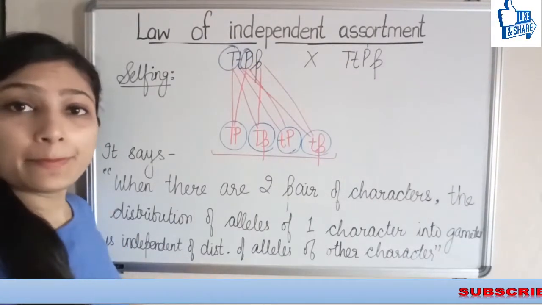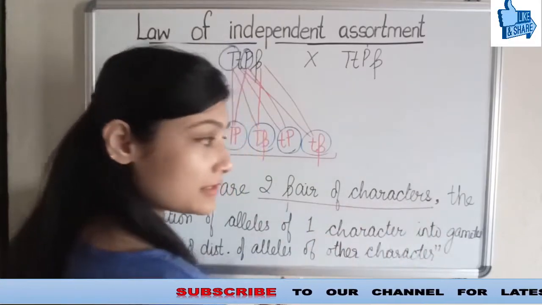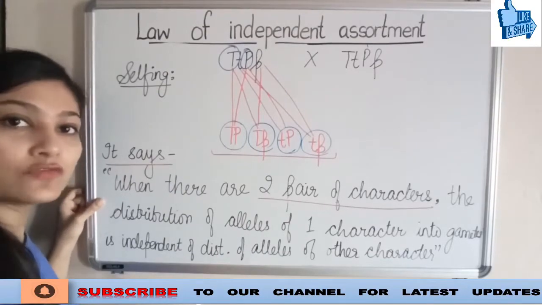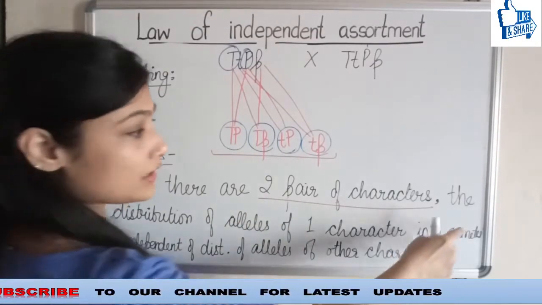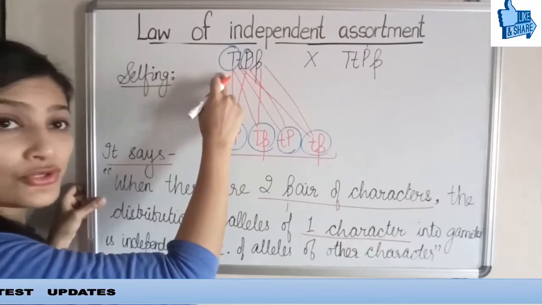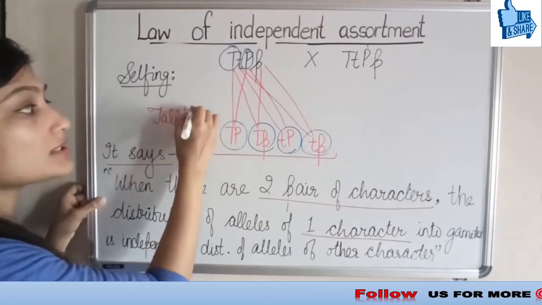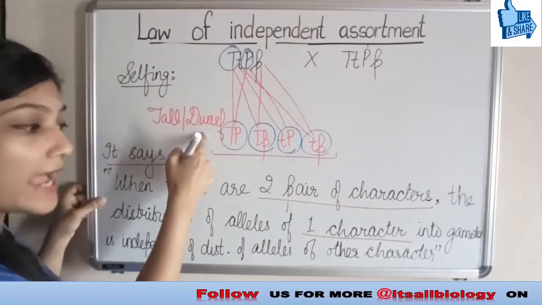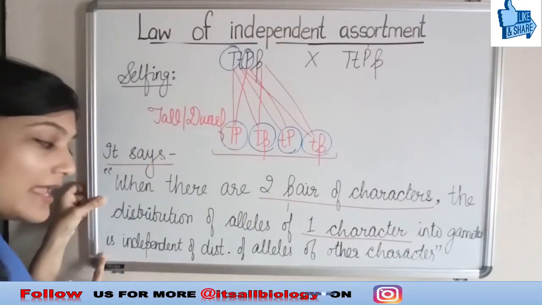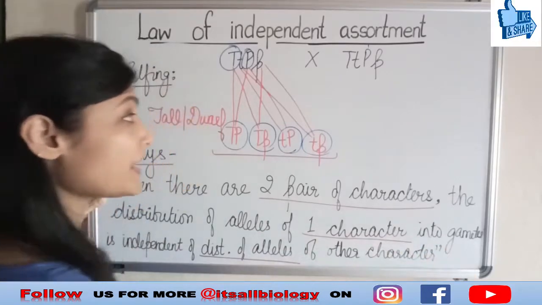The law of independent assortment says that when there are two pairs of characters present, as in the starting we took two pairs of characters, the height of the plant and the color of the flower, the distribution of alleles of one character, let's say height first, the distribution of alleles of tallness and dwarfness into gametes is independent of the distribution of alleles of the other character.